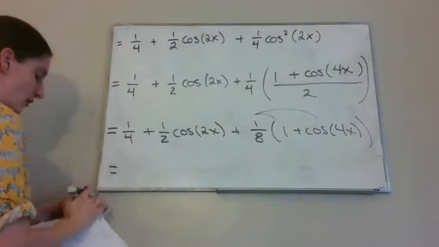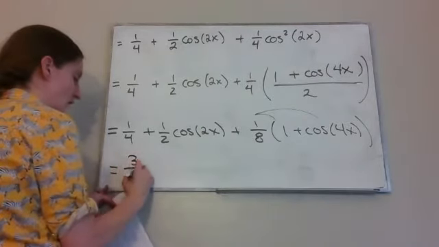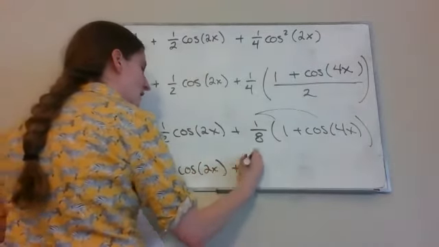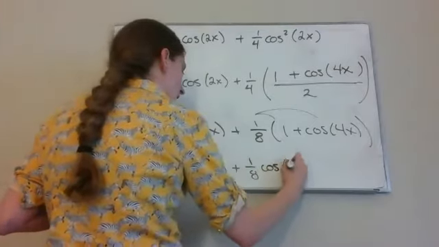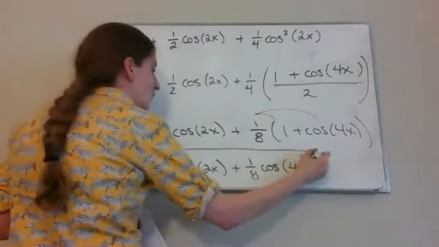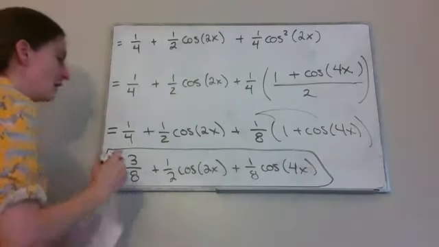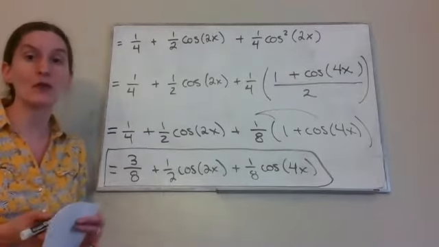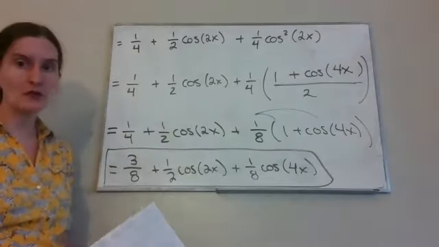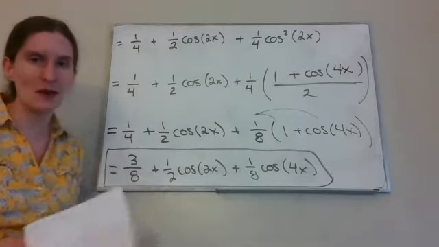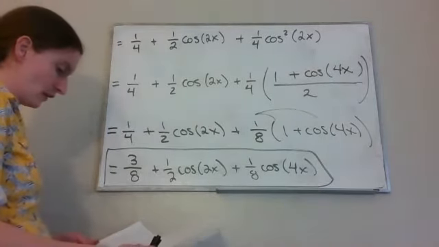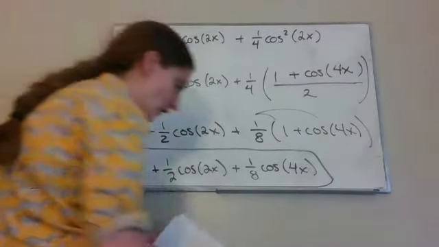So once I distribute and combine like terms, I'm going to have 3/8 plus 1/2 cosine of 2x plus 1/8 cosine of 4x as my final answer. So this is equal to cosine to the 4th power, but now it's written in terms of cosines with no powers at all. So that's what you would use the power reducing formulas for, to rewrite something so that you don't have powers. Now we have to go over our half angle formulas and do a couple of examples using those.